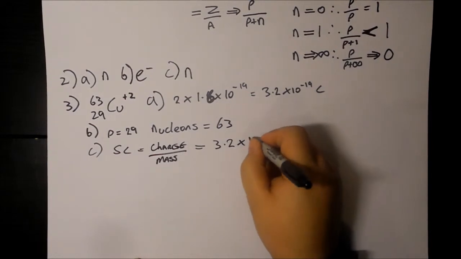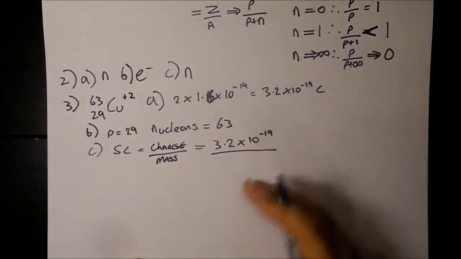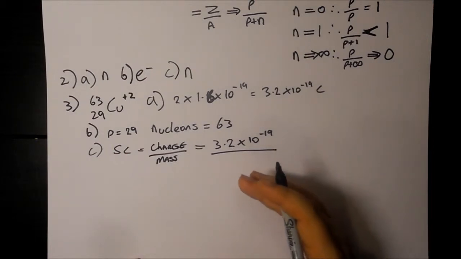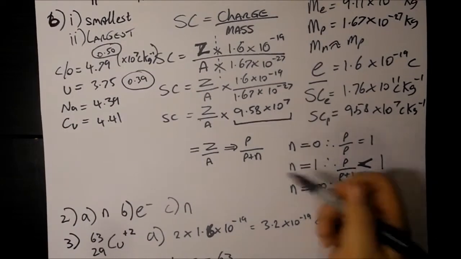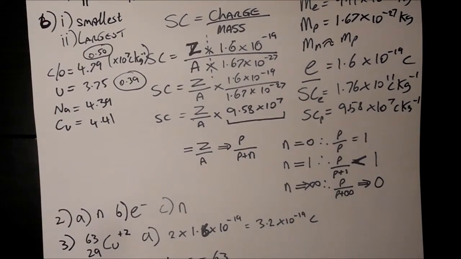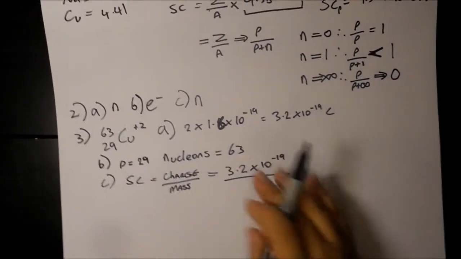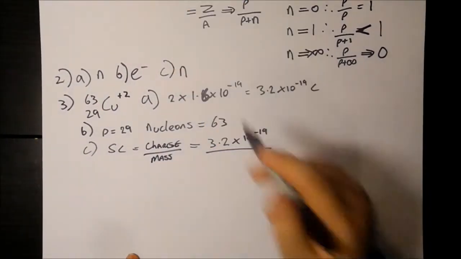Remember, bear in mind here, and this is really important to pick up on, look through the question. Is it talking about nucleus or the whole atom? Up here, it was simple. It was just talking about nuclei. Down here, we're actually now looking at whole atoms. So that changes things a little bit.